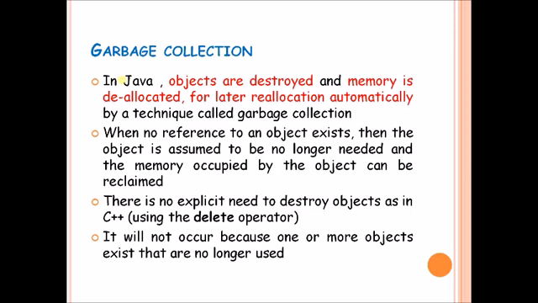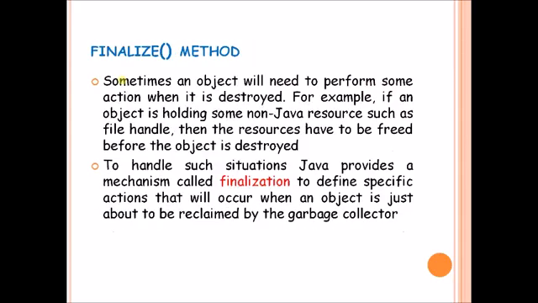There is no explicit need to destroy objects as in C or C++ using the delete operator. It will not occur because one or more objects exist that are no longer used. So in case of Java, an object may need to perform some action when it is destroyed.